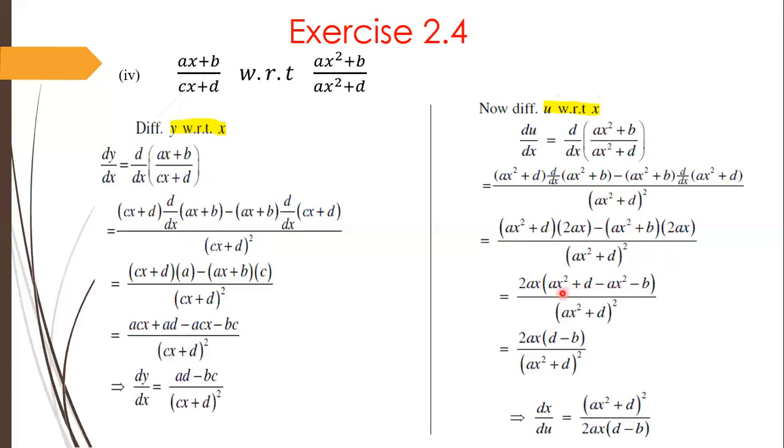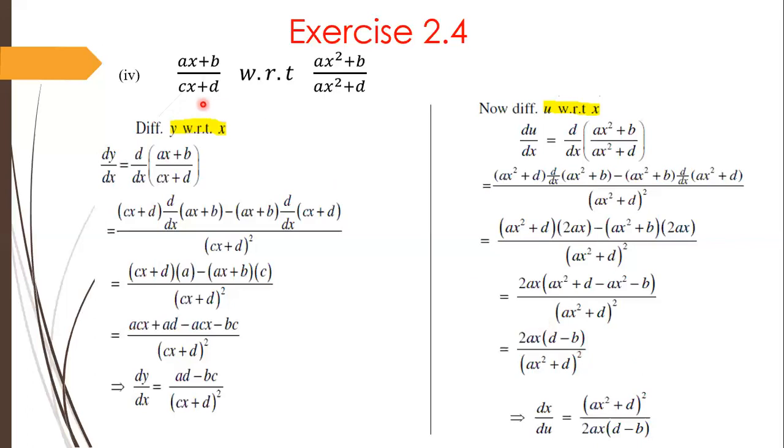Ax square and ax square cancel out, the remaining terms are 2ax into d minus b over ax square plus d whole square, which is the value of du by dx, or dx by du can be written as ax square plus d whole square over 2ax into d minus b. We will take the reciprocal on both sides of this equation.